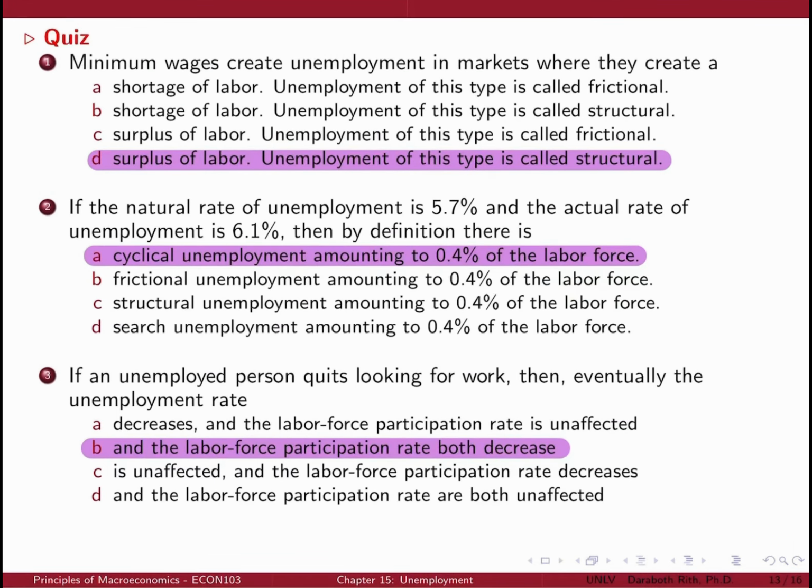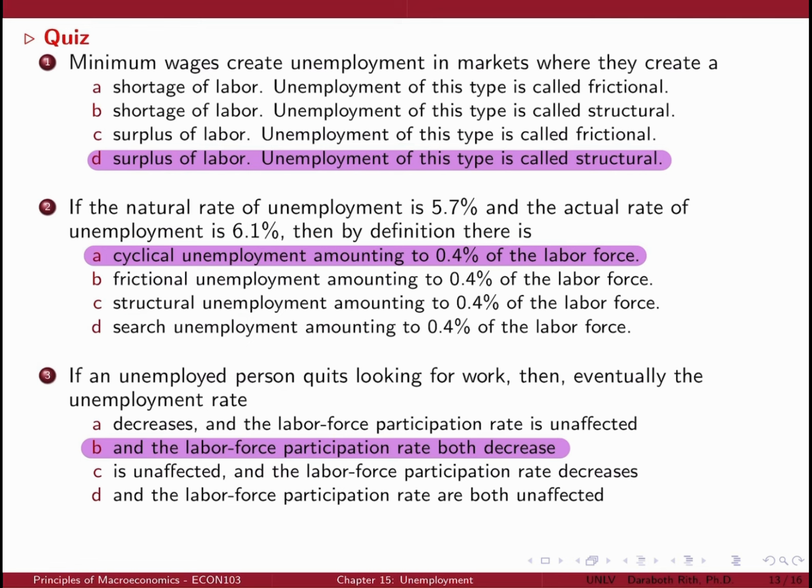Question number 2. If the natural rate of unemployment is 5.7% and the actual rate of unemployment is 6.1%, then by definition, there is what? Please recall that cyclical unemployment is the deviation of the actual unemployment rate from its natural rate.